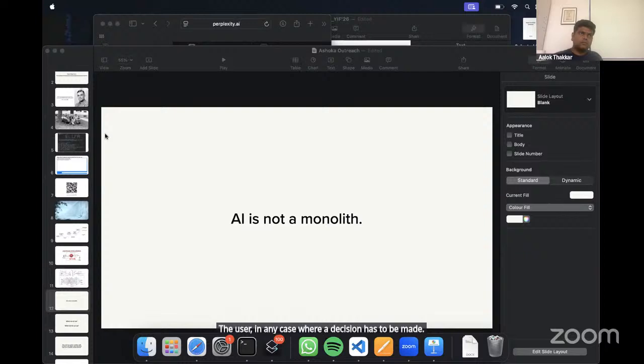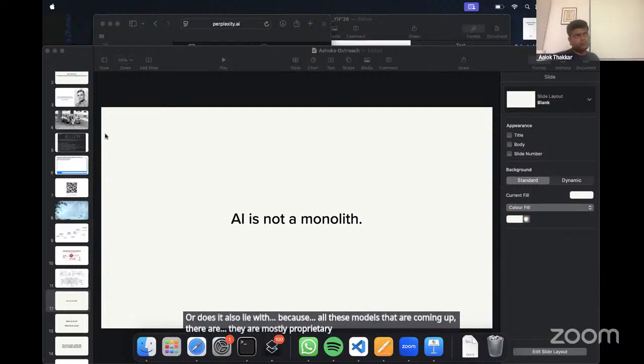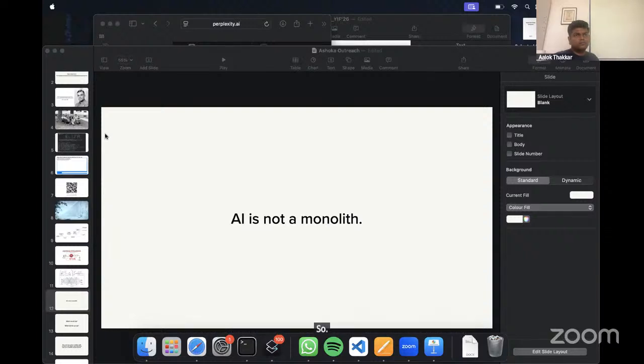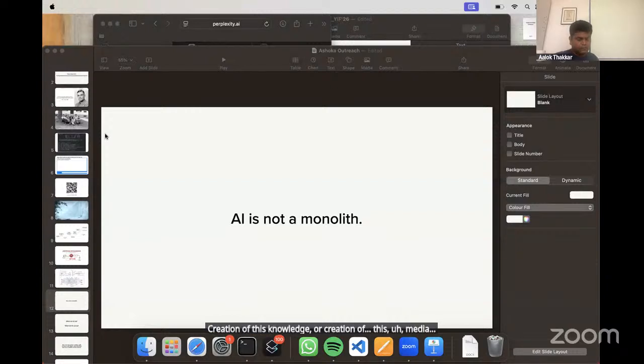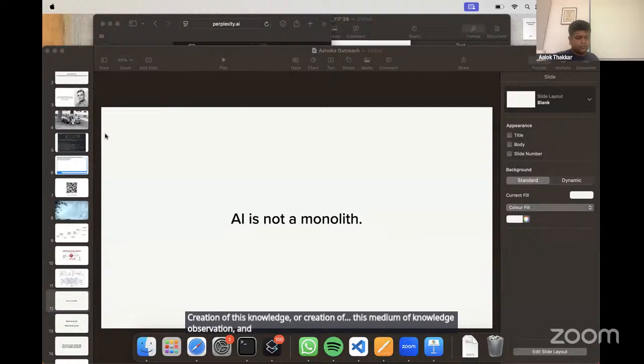Or does it also lie with the companies, because all these models that are coming up are mostly proprietary, and companies have a lot of say in the data that they are trained on. So where does the responsibility lie in this sphere of creation of this knowledge, or this medium of knowledge dissemination, and the user that you are?